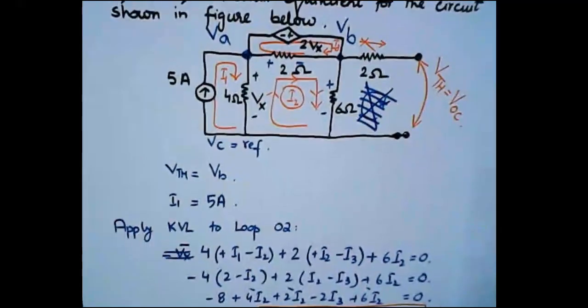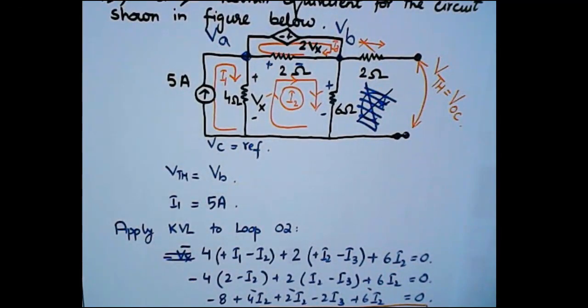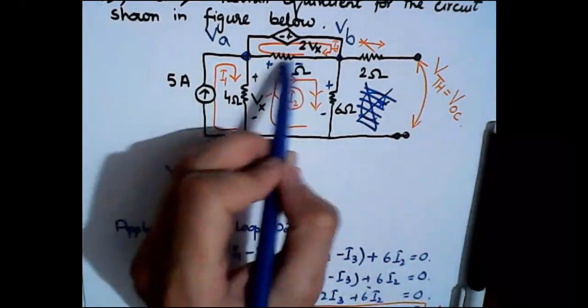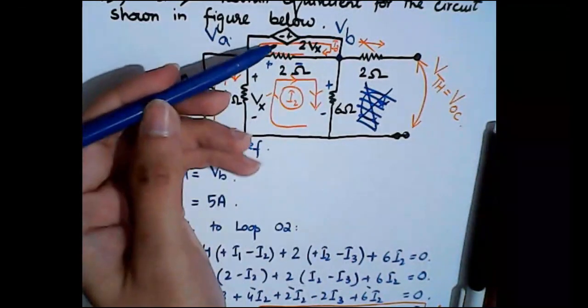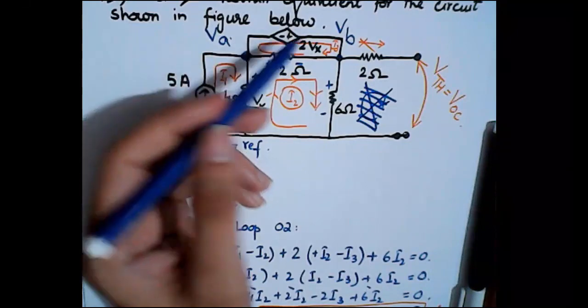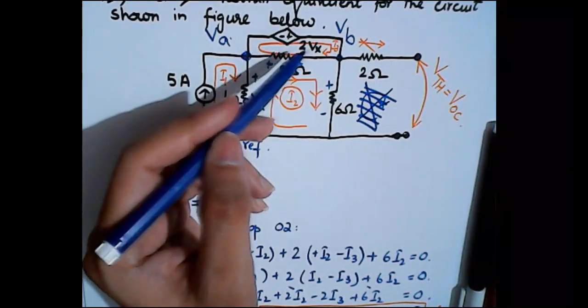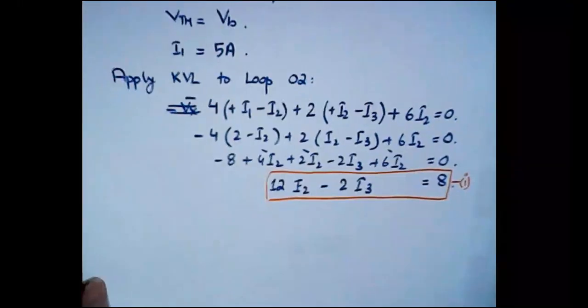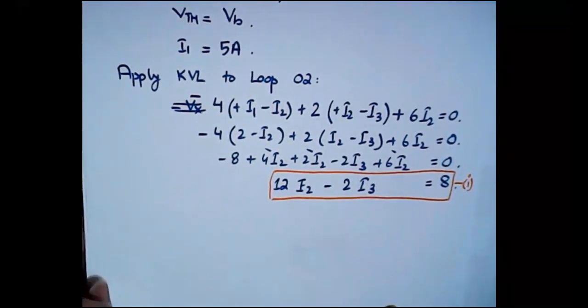Now coming back towards the circuit, we have another loop which we have expressed as loop 3. This loop is linked with the dependent source, so let's apply KVL to this loop here. We can see that the current is entering the negative terminal of the voltage source, so it will be minus 2Vx.